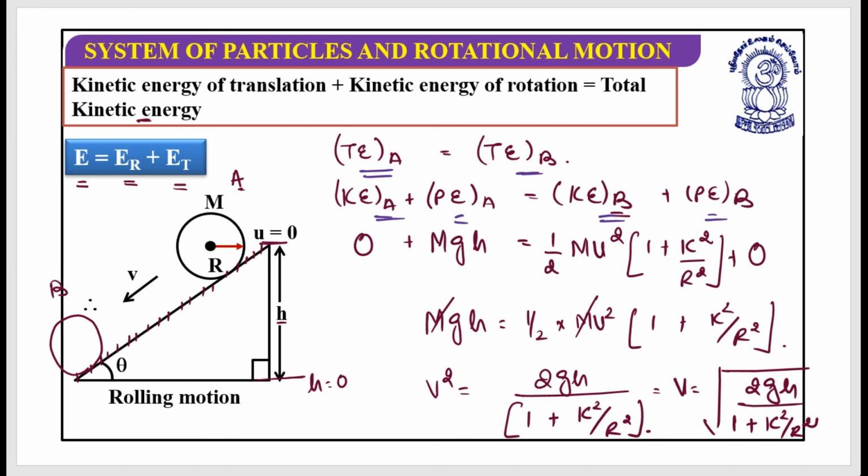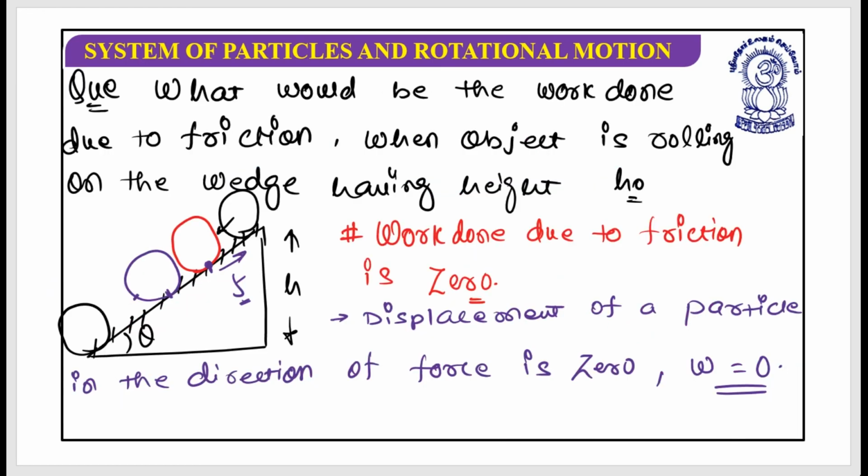So please do remember this, that very critical and very logical questions can be asked from this. One thing, work done due to friction is zero. Second, it is only friction which can roll the object. If no friction, that means no rolling motion. And if no rolling motion, that means it will only slide.